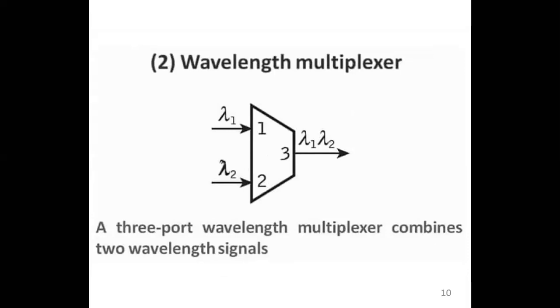So in terms of bandwidth, input comprises of lambda 1 and lambda 2. Therefore, the bandwidth of lambda 1 and lambda 2 is lesser separately. However, the bandwidth of the output signal, lambda 1, lambda 2, the combination will occupy more bandwidth.